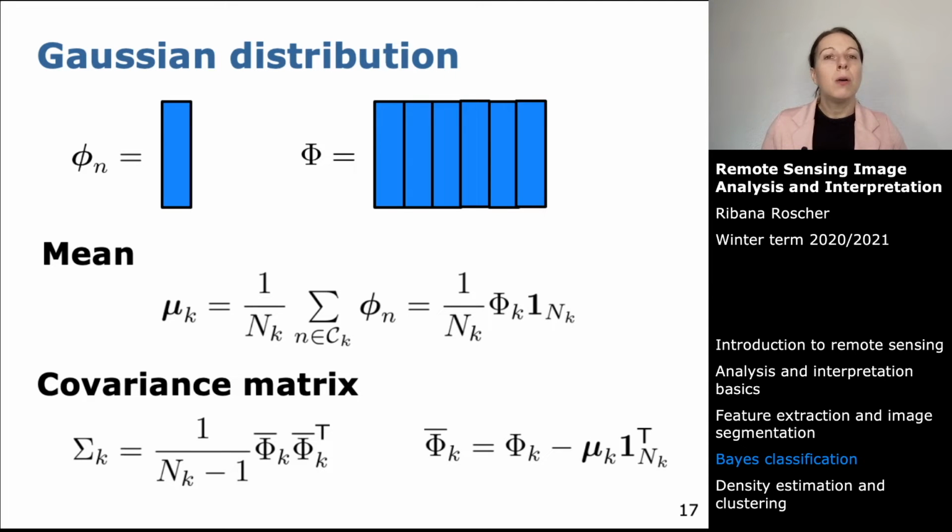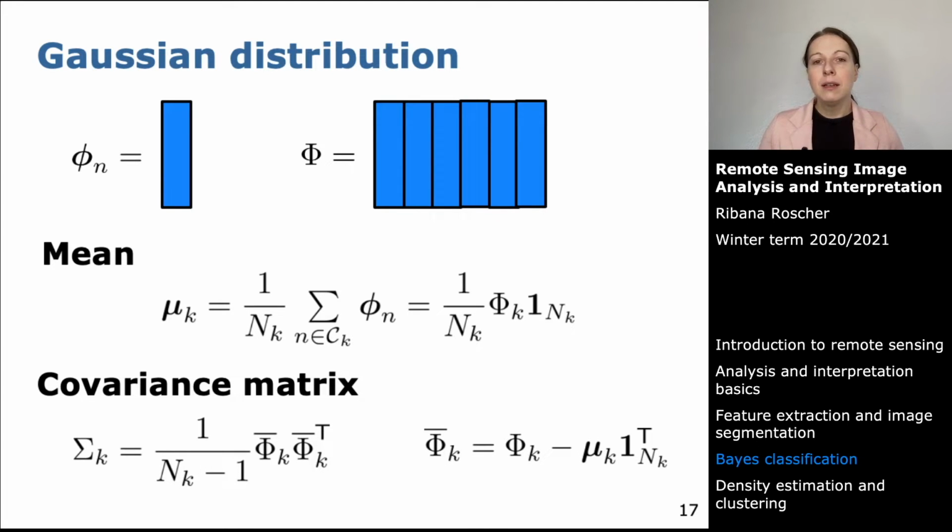So what we now need to compute are the parameters of a Gaussian distribution, that means the covariance matrix and the mean. We have given our training samples, denoted by phi n, which are vectors, and we can collect all the training samples in one huge matrix. If you only take training samples from one class, you have a class-specific feature matrix.